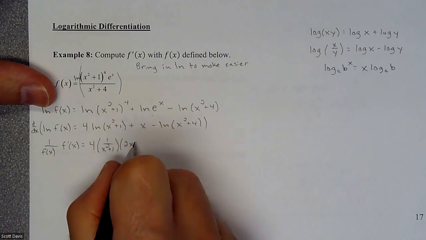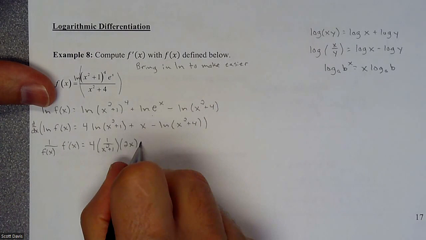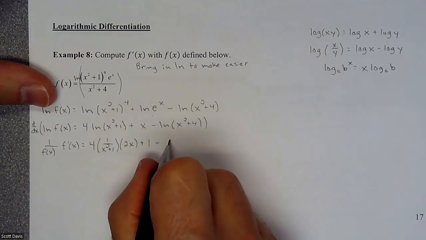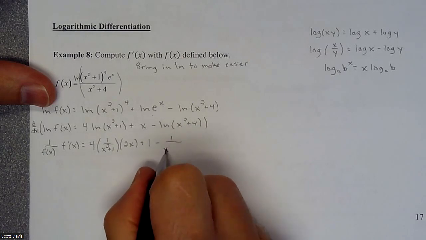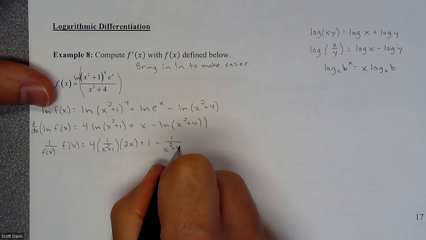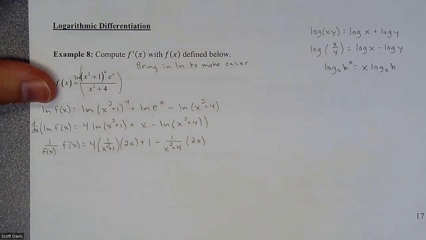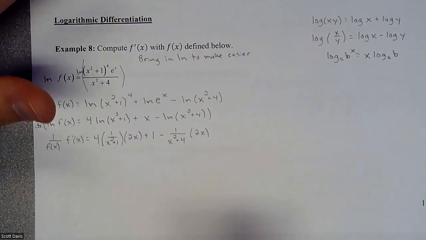So there's the chain rule applied. Right, and then the derivative of x is 1, minus the derivative of this is going to be 1 over x squared plus 4 times the derivative of the inside, which is 2x. So as far as doing the derivative, that's it.